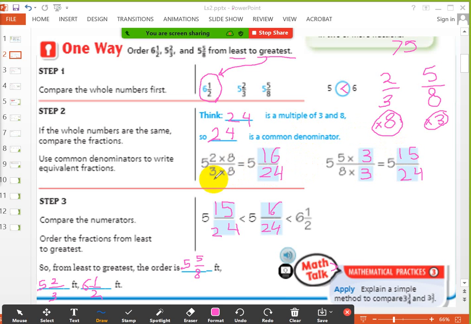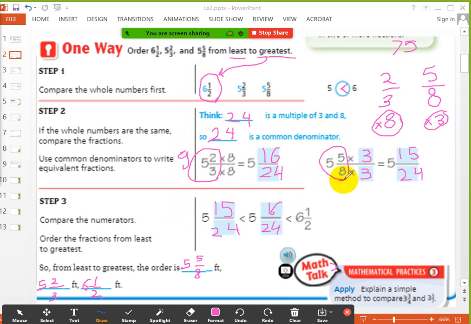That means this mixed number is greater than this one. So I can order the numbers. I know this one is the greater. I will write G for the greater. This is the greatest, this is the greater, and this is the least.